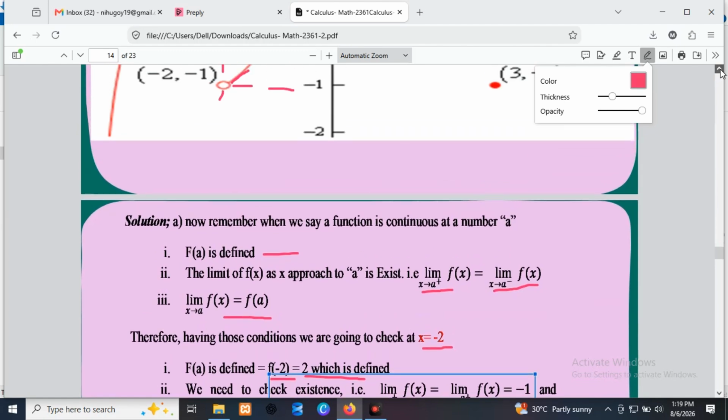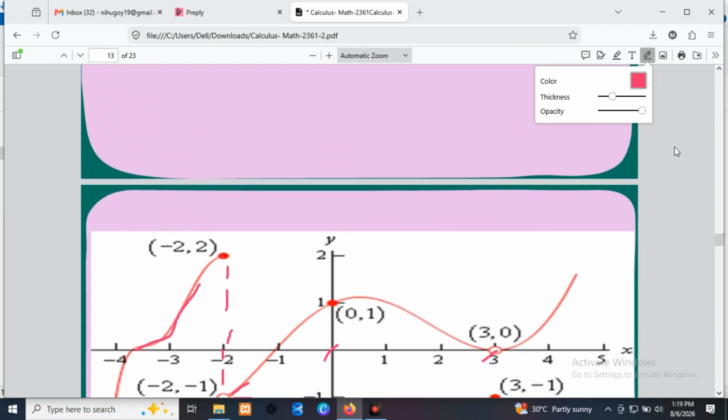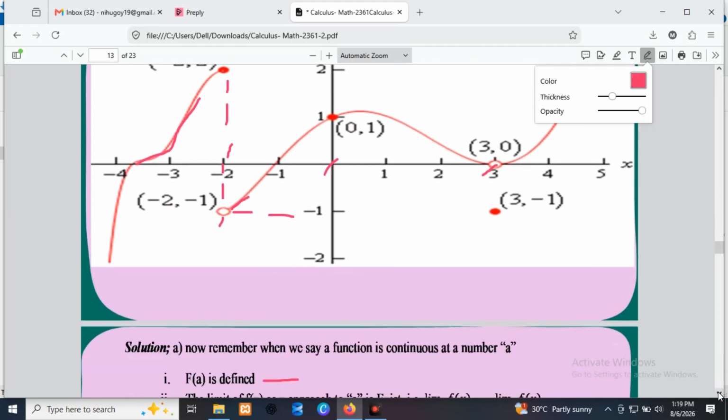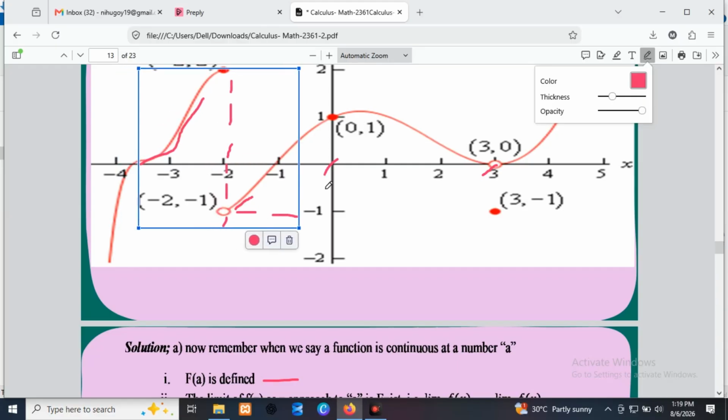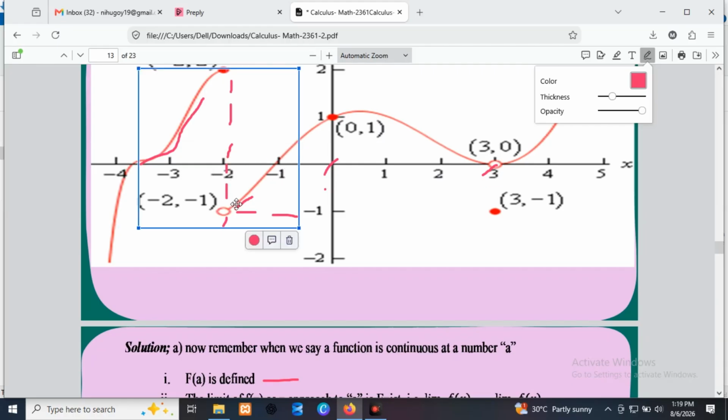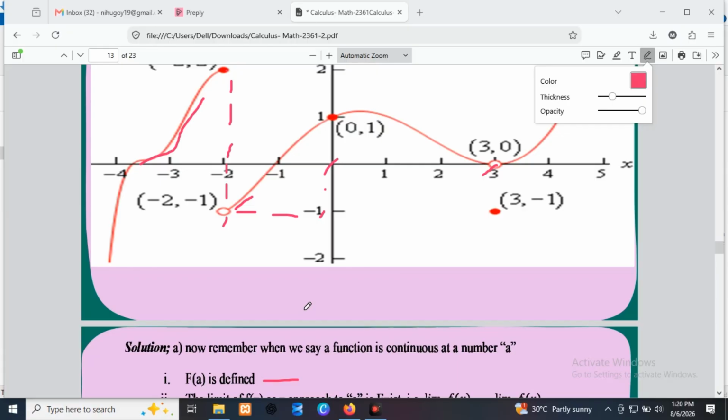Looking at the graph, when you approach from the right toward -2, the value approaches -1.